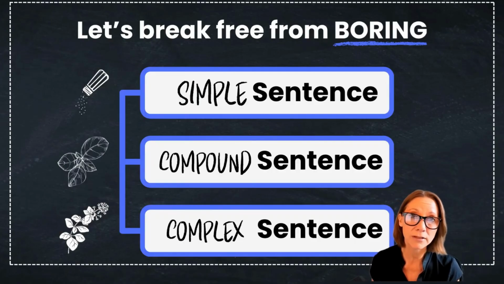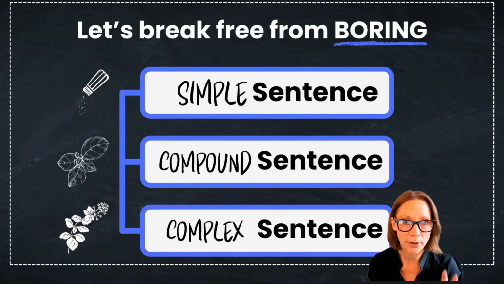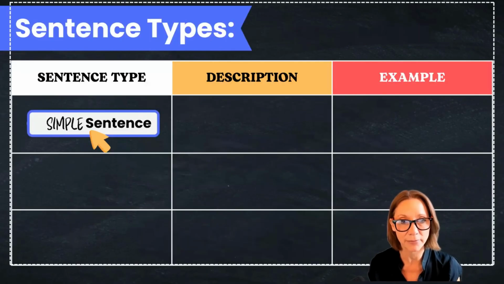Or if you only put oregano in it, it would taste terrible. It takes a little bit of each part working together for it to be amazing. And that's how writing is. You need to sprinkle in a mixture of simple, compound, and complex sentences in your writing.